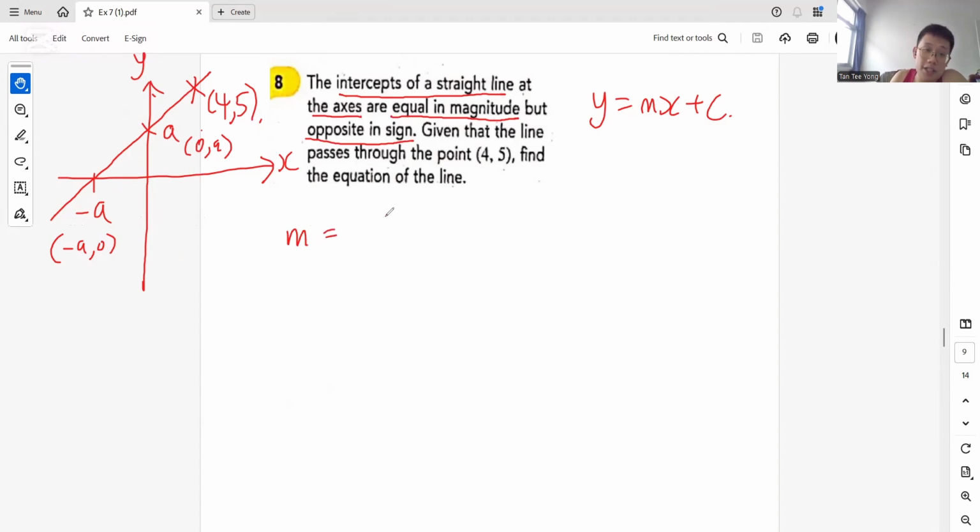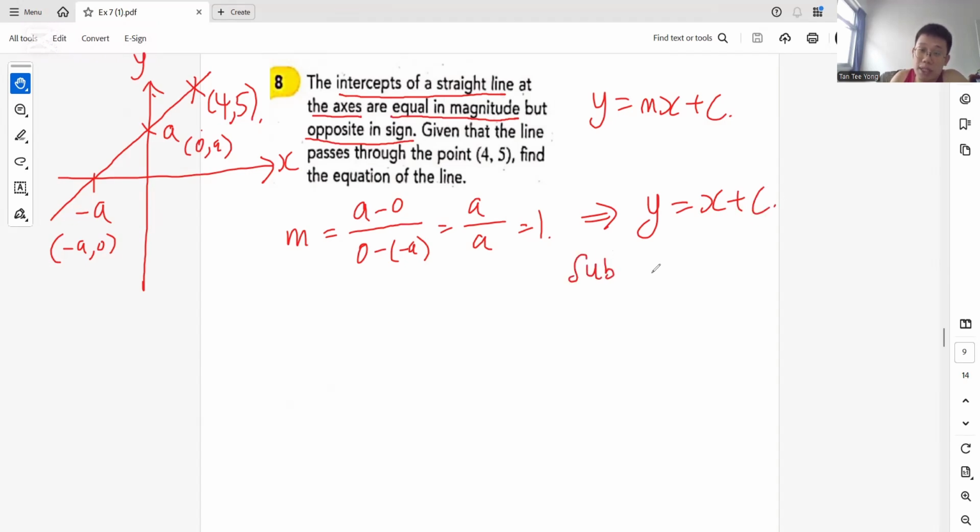So the gradient is actually, same thing, y1 minus y2 over x1 minus x2, right? So a over a, which is 1. Somehow the a gets cancelled out, because we know that they are the same magnitude. That's why. So our equation is y equals to x plus c.